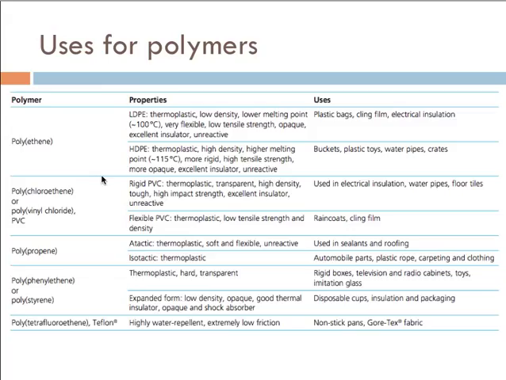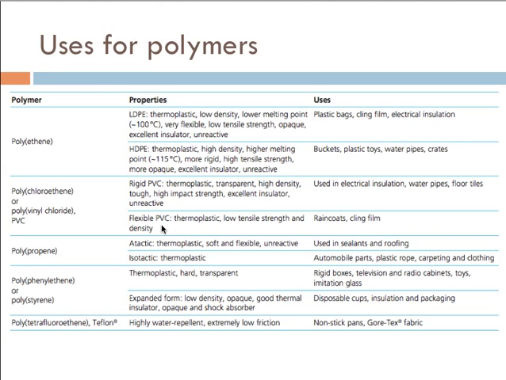Here's a table of different uses for the different polymers. Again, that polyethylene, the low-density: plastic bags, clean film, electrical insulation; the high-density, more rigid: buckets, plastic toys, water pipes, crates. Looking at PVC, there's a rigid PVC that's electrical insulation, water pipes, and floor tiles.